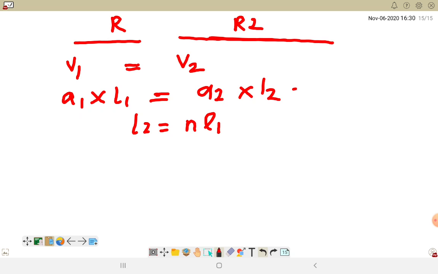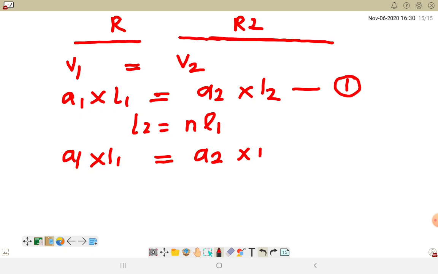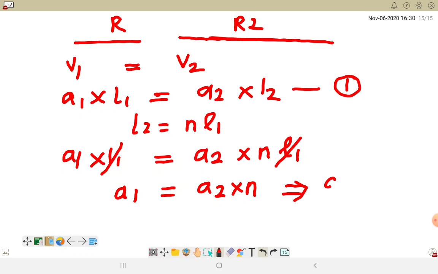In this equation 1, I am going to apply L2. So A1 into L1 is equal to A2 into n into L1. Both L1 get cancelled, and I get the relation between A1 and A2. So now what is A2? A2 equal to A1 by n.